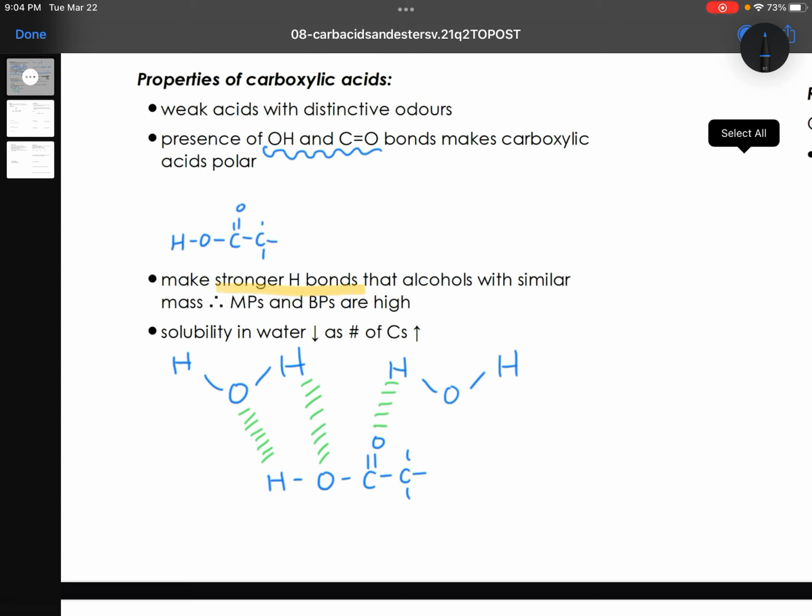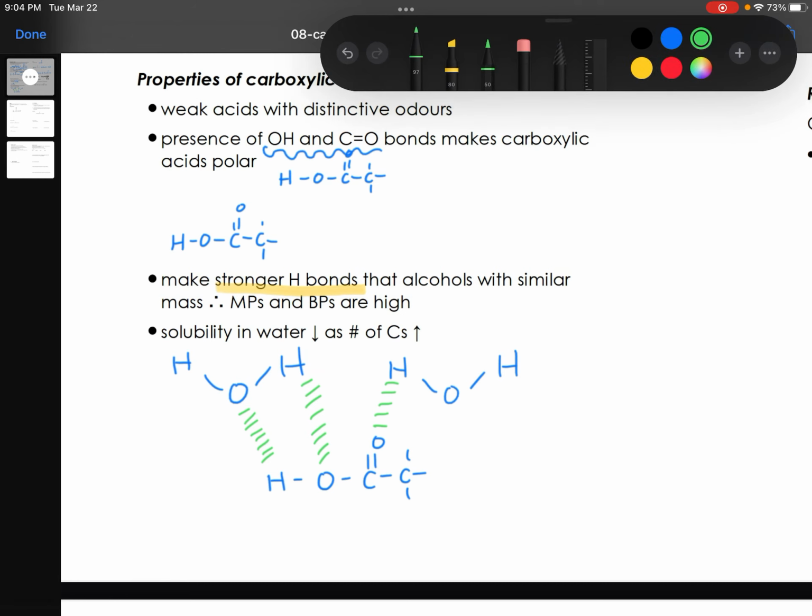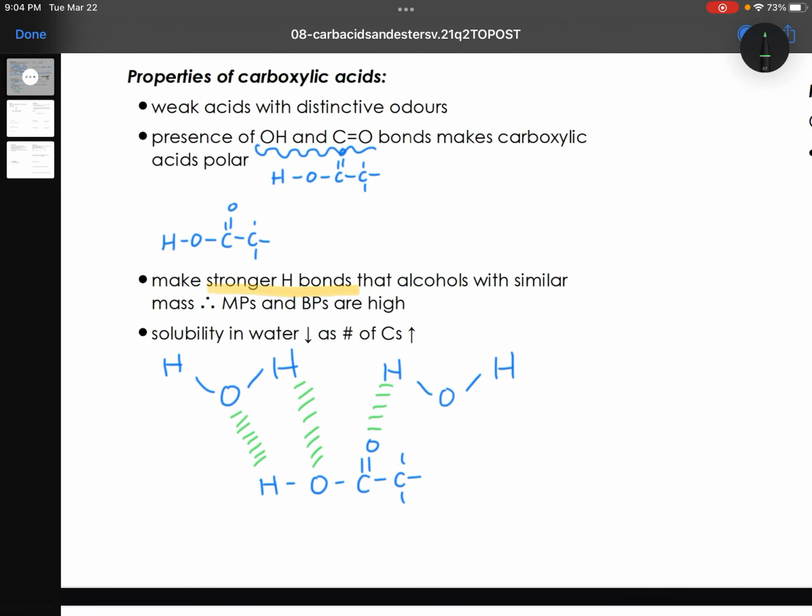Again, I'll just stick with ethanoic acid. So I'm going to have to draw an ugly picture here.